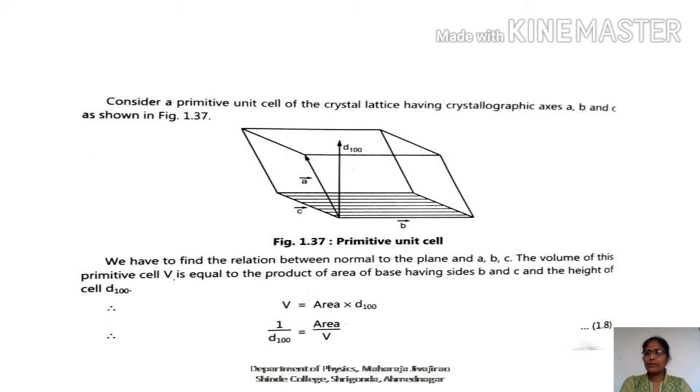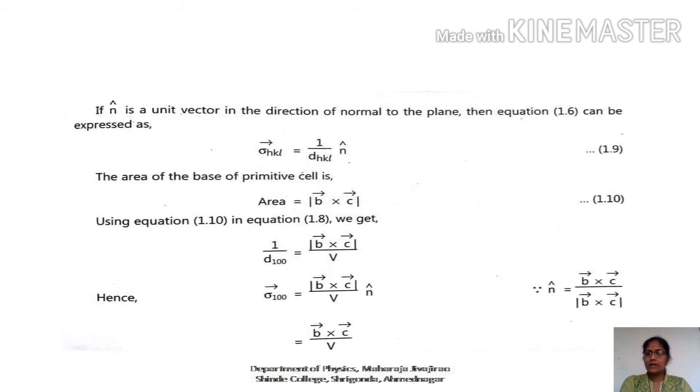Just now we have calculated area as mod of b cross c divided by volume, and this is 1 upon d for 100 plane, and we know that 1 upon d is nothing but sigma, and hence this represents the value of sigma 100 is equal to b cross c into n cap divided by v.